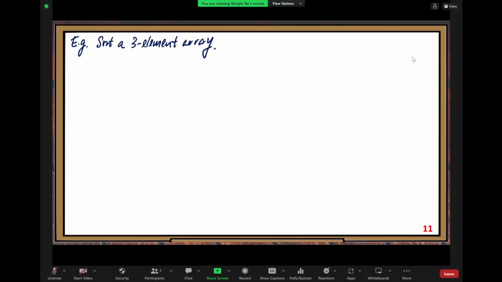Here we represent this array with these 3 elements, A, B, C, and we use them to draw this decision tree. When we start, we put the root of the decision tree, our first comparison. What's our first comparison?